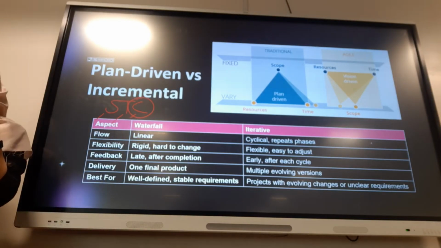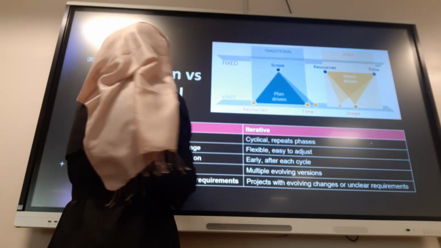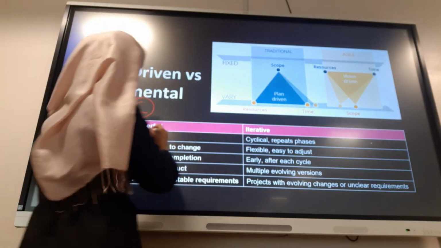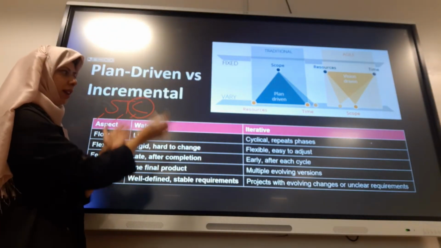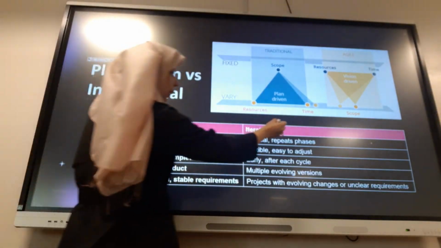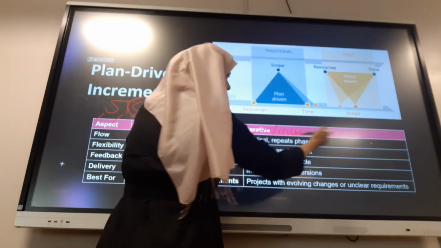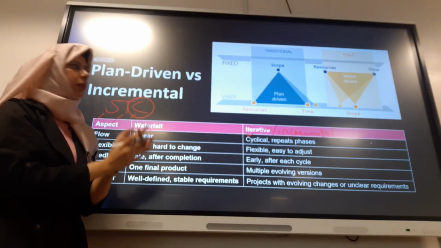It could be resources like manpower, it could be hardware devices, could be licenses, could be anything, resources that are available. So when do we decide if we go for waterfall model, or the plan-oriented or plan-driven model, or the iterative or incremental? They're both the same. Yeah, so these two names are used interchangeably.